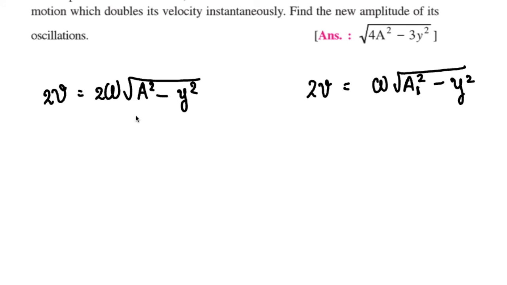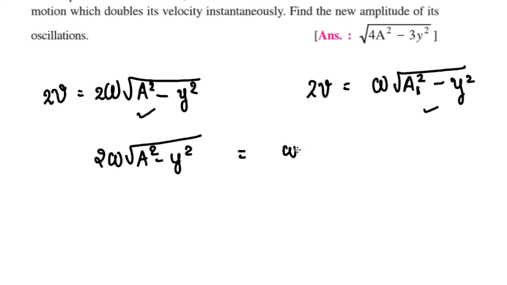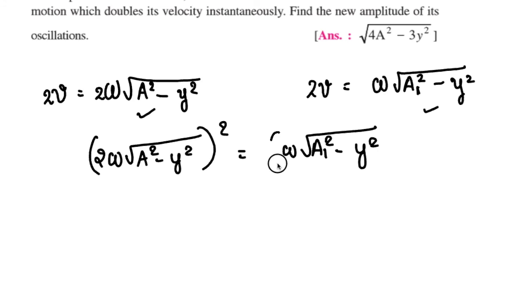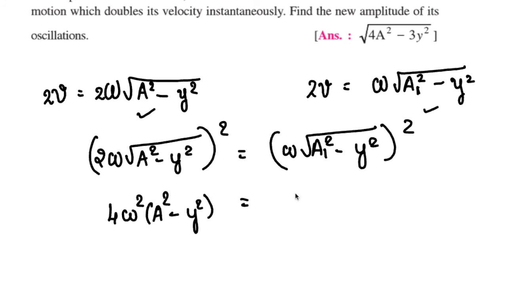Now I can compare the RHS of both equations, that is 2 omega root of a square minus y square is equivalent to omega root of a1 square minus y square. Squaring on both sides, I get 4 omega square (a square minus y square) equivalent to omega square (a1 square minus y square).